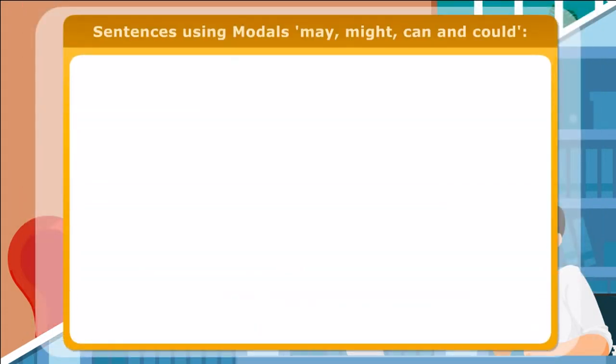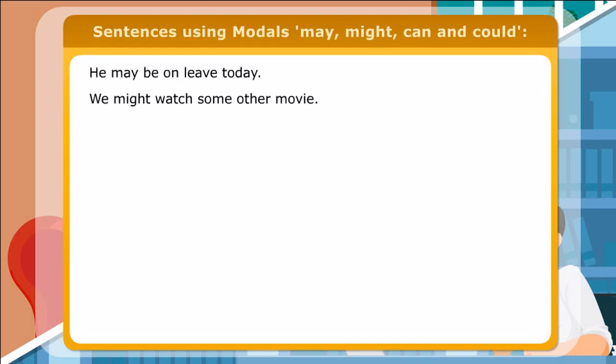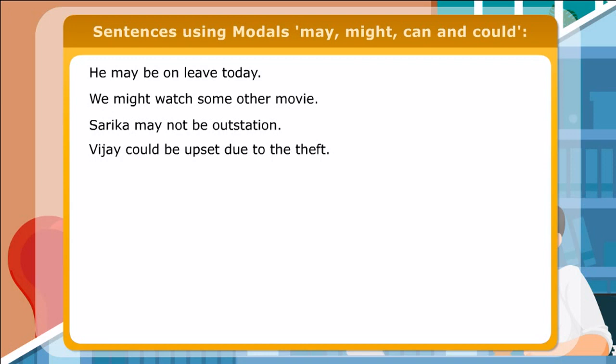Here are a few more sentences using modals may, might, can, and could. He may be on leave today. We might watch some other movie. Sarika may not be outstation. Vijay could be upset due to the theft.